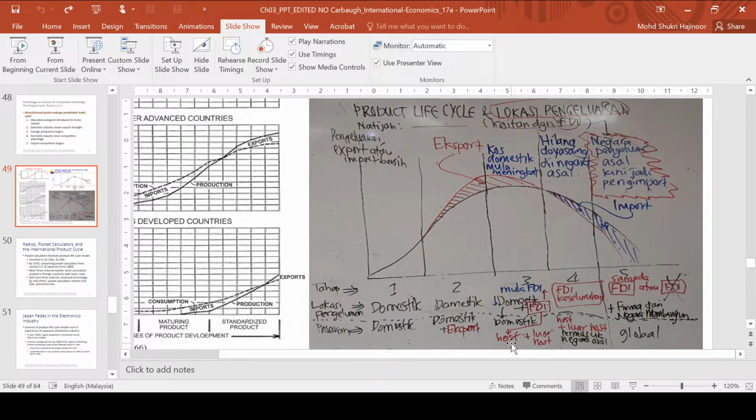And also outside of the host country, third party, third country. Now in stage number 4, the country that introduced this product has lost comparative advantage, has lost competitiveness.